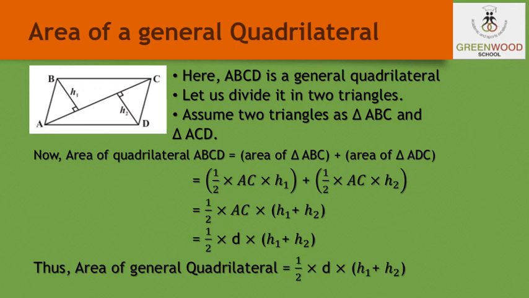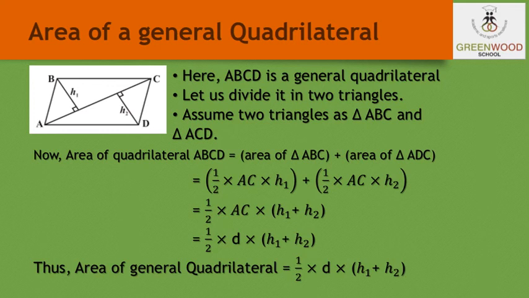We'll substitute the formulas. Area of triangle ABC would be equal to half into AC into H1, where H1 is height of triangle ABC, plus area of triangle ADC, which is equal to half into AC into H2, where H2 is the height of triangle ADC. Now, as you can see, half and AC can be taken common.